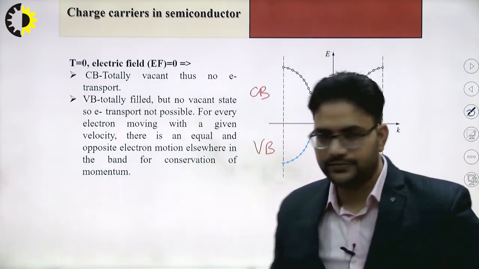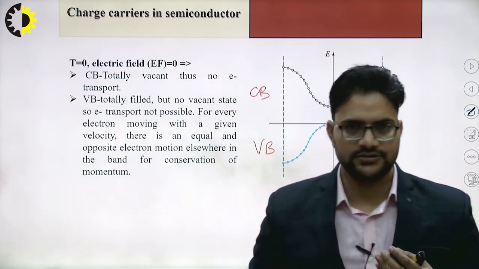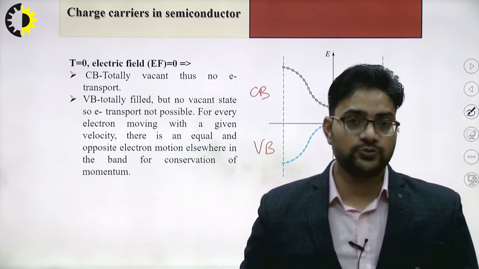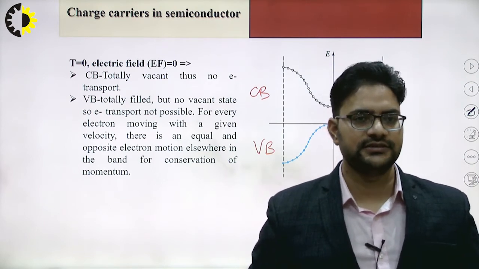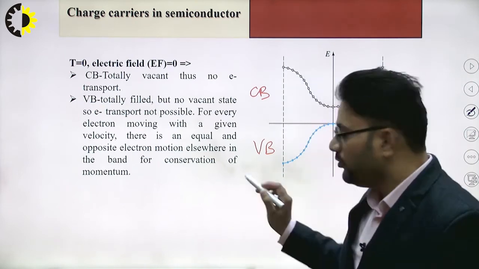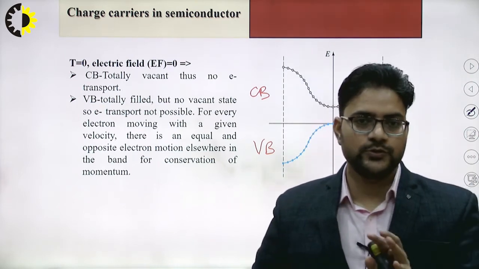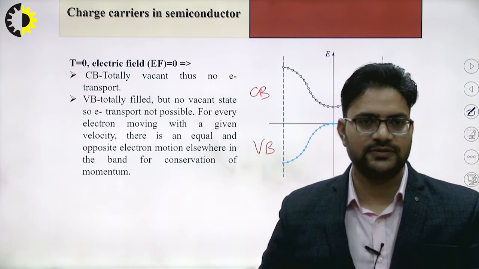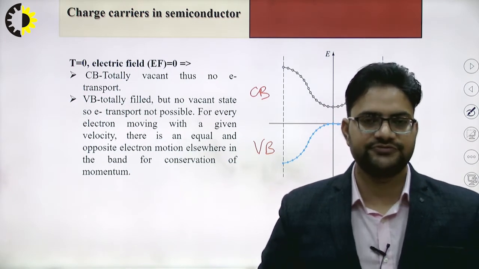What conclusion can we draw from this? We can say that the total momentum of the electrons will be equal to 0 whenever electric field is not applied and temperature is equal to 0. So this is the first case.